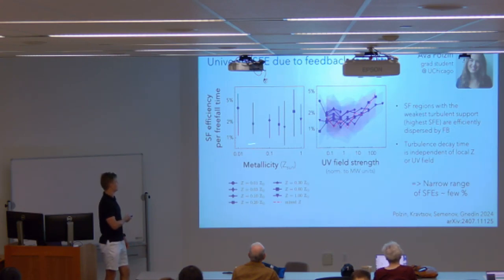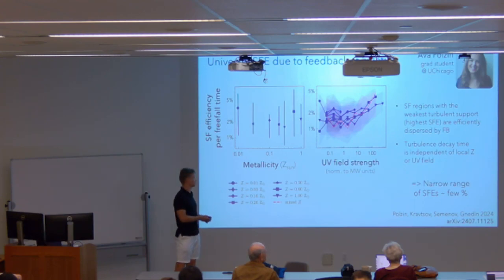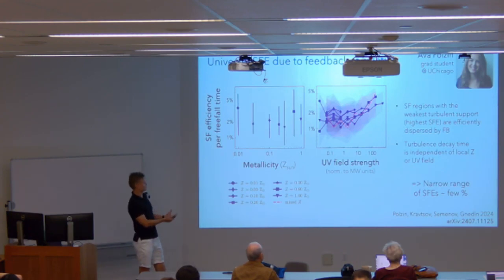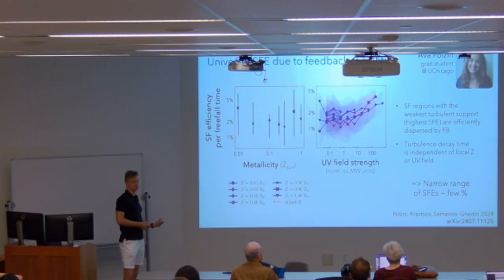So the values of efficiency are almost universal, and this is because of the efficient dispersal of these highly star forming regions with a low level of turbulence, which results in this very narrow range of star formation efficiency close to 1%, which can also explain why in the simulations of early galaxies, the star formation efficiencies are similar to what we observe in the local universe.